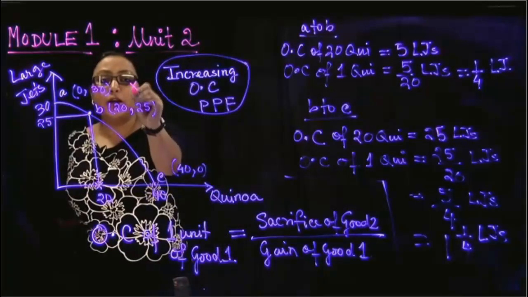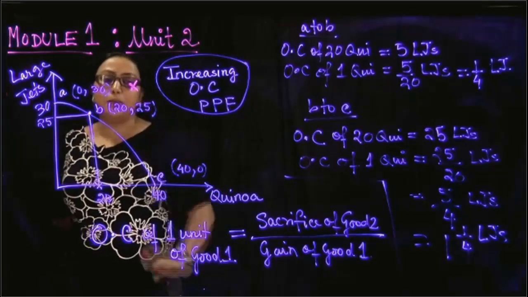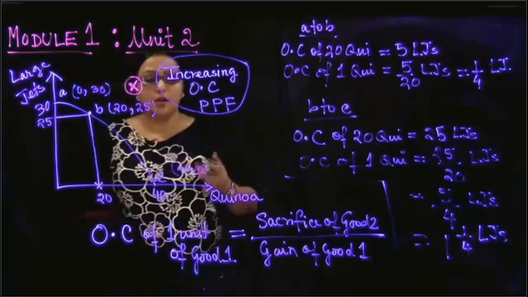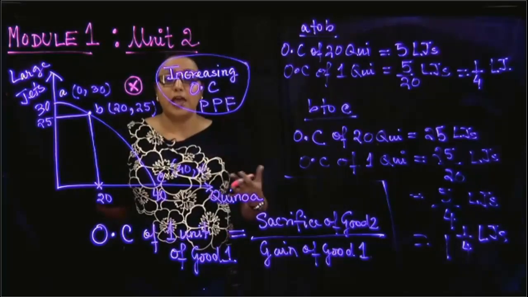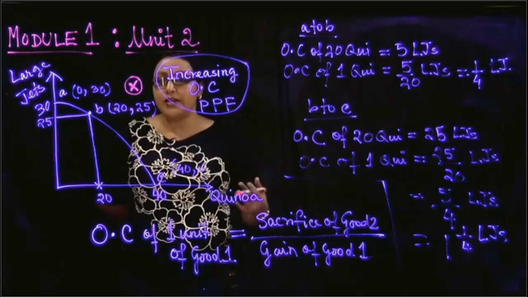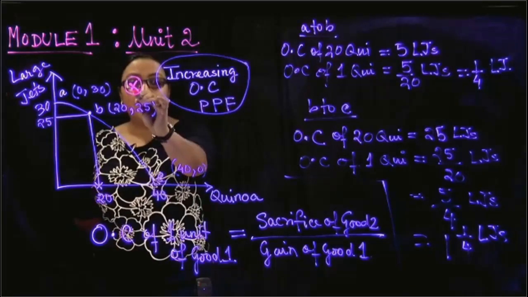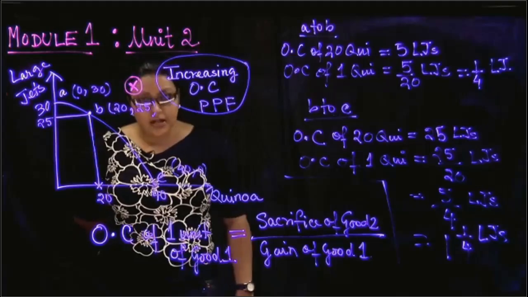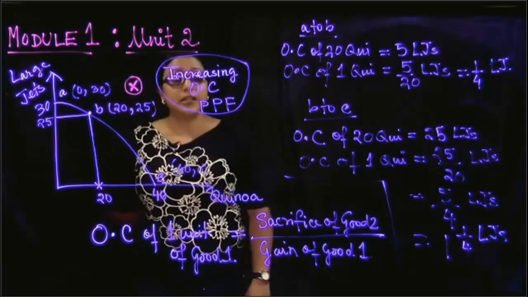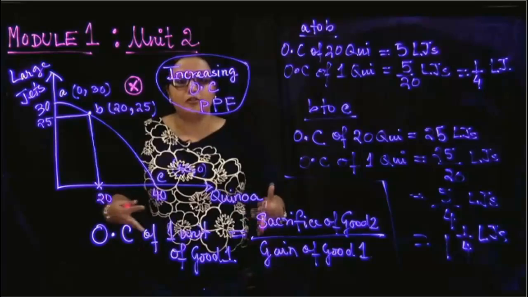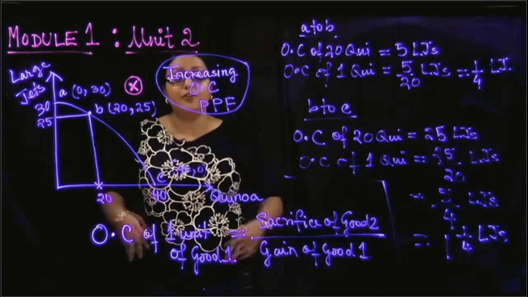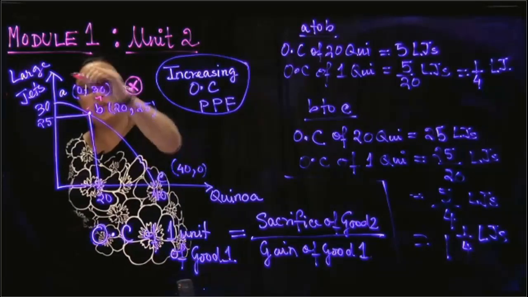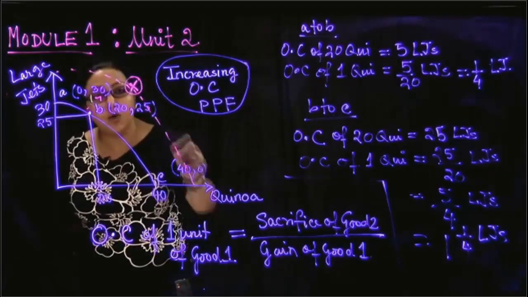Now, we talked about a point like that, a point which is outside the PPF or PPC. My question is, are such unfeasible and inefficient points of production ever attainable? Can a country ever produce at a point which is unfeasible today? Well, the answer is yes, it can produce at that point, but it cannot produce that point given its current resources. It is only possible if the resources of the country increased, and as a result of that, this PPF actually shifted out like that.